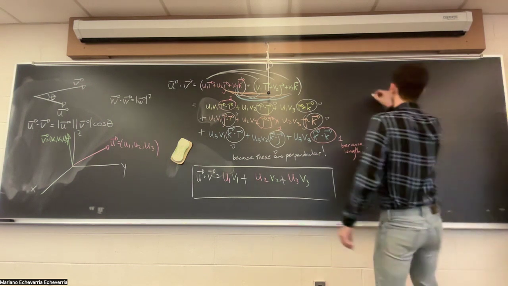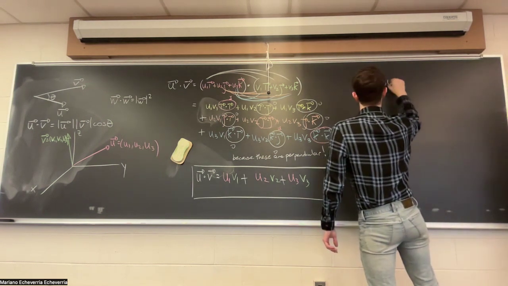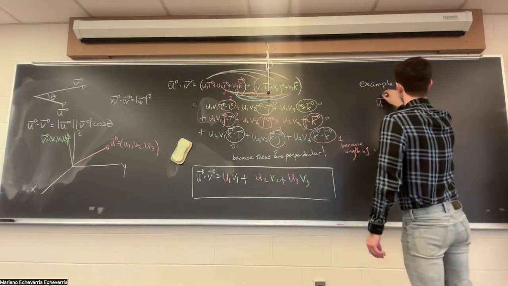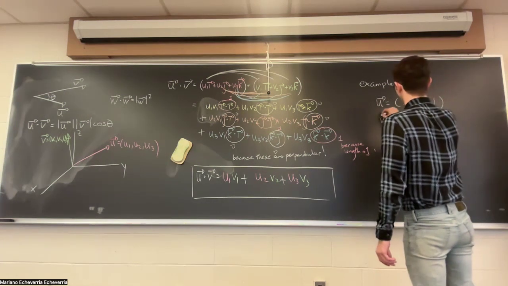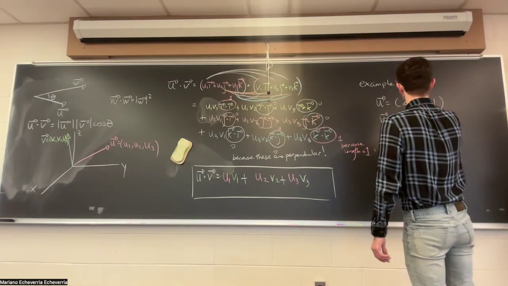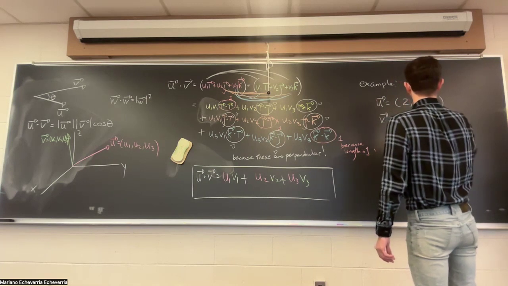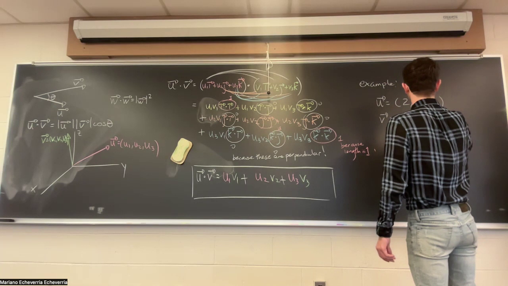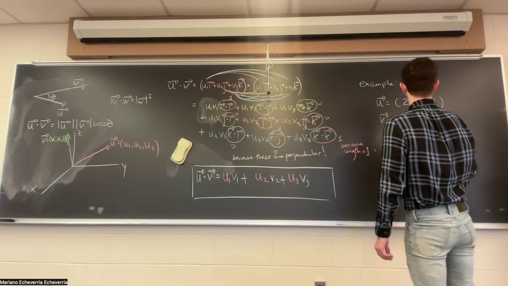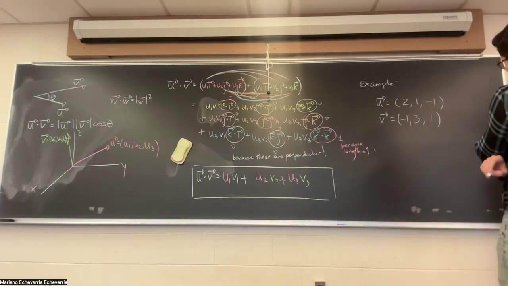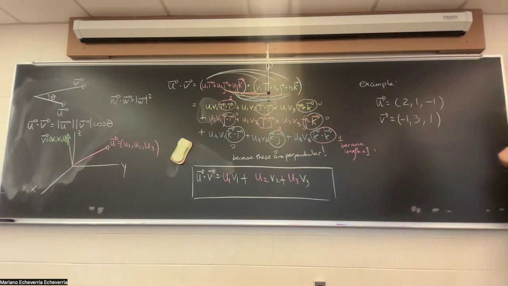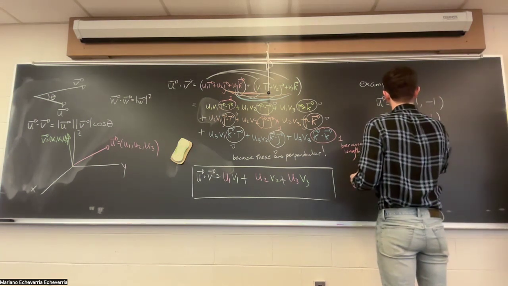So just to give you a quick example. If I gave you those two vectors, what's their dot product?